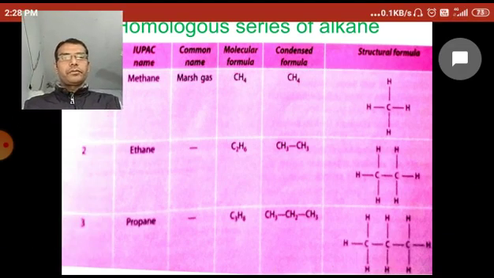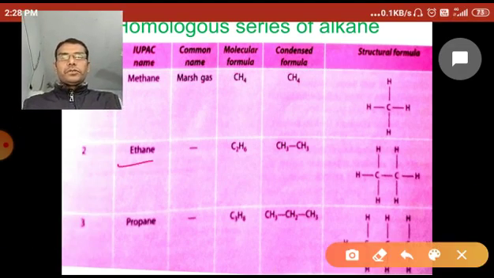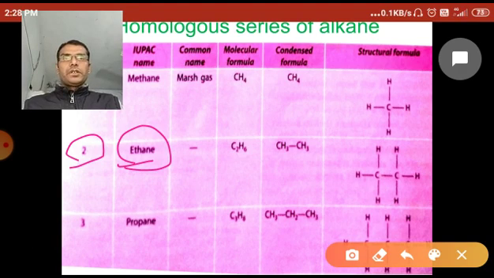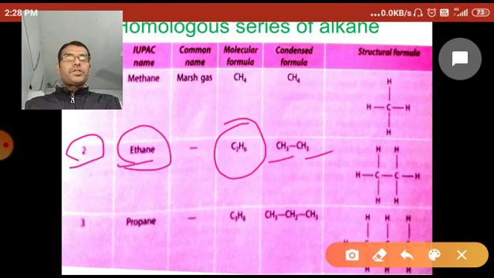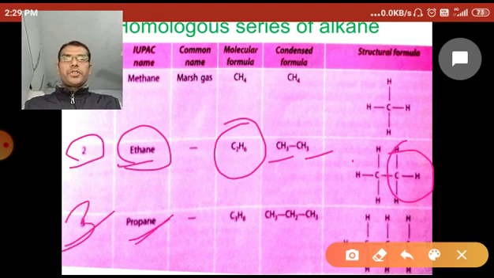Second, if the carbon number is 2, then ethane, and the molecular formula of ethane is C2H6. Condensed formula CH3CH3. Structural formula: C with 3 hydrogens and C with 3 hydrogens. Propane: if the carbon number is 3, then the IUPAC name is propane.